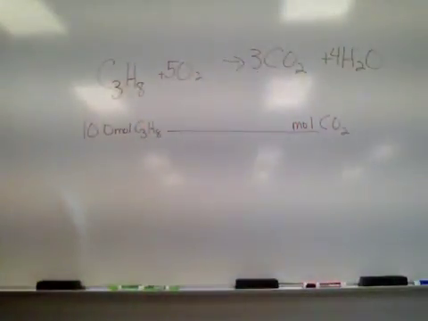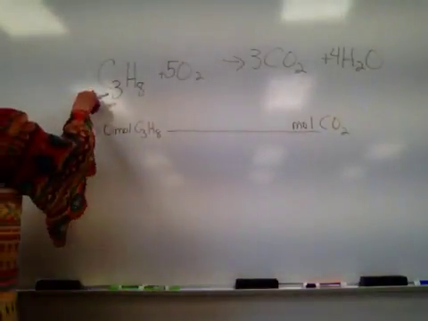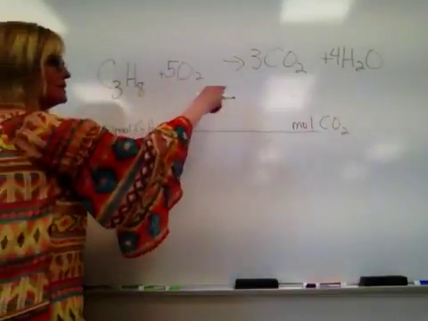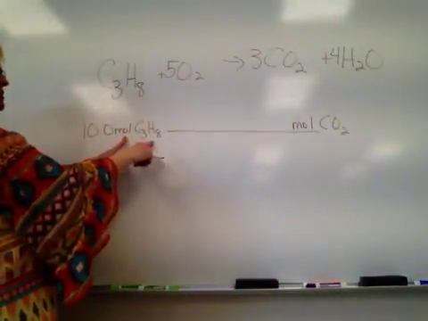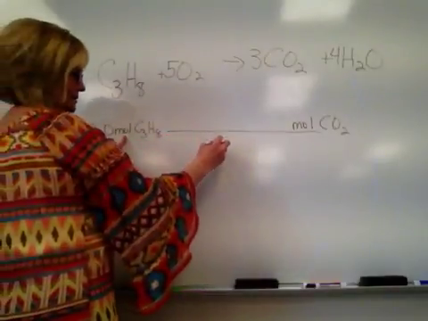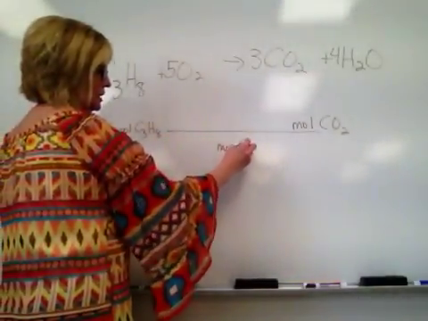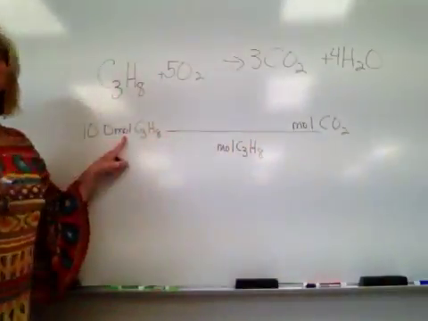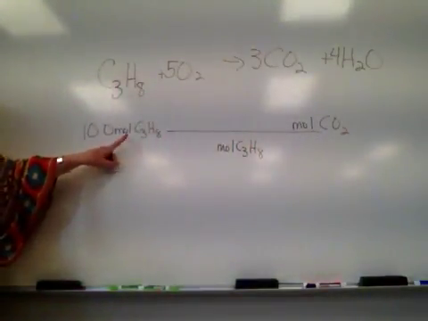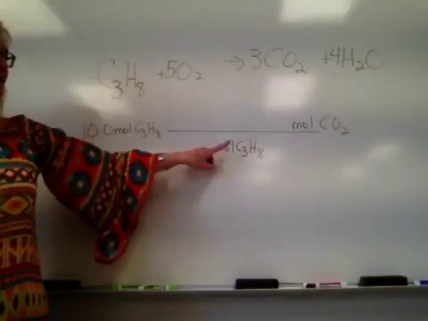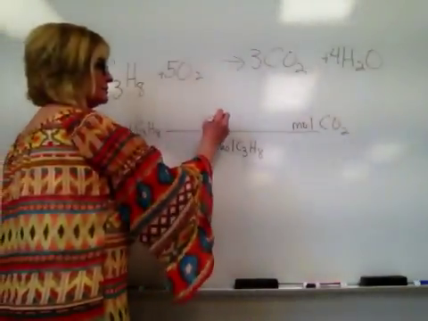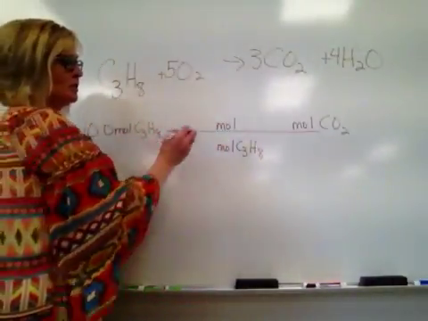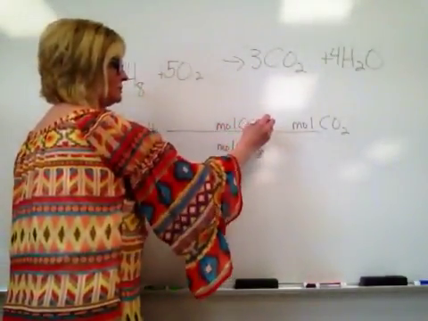Okay, so in section 1 we found mole ratios. So I could use 1 of these to 5 of these, 5 of these to 4 of those. So if I have this set up, what's going to go on the bottom? C3H8. And moles of C3H8. When I use a mole to mole ratio, I can change it from one thing to another. So I can change it to moles of CO2.